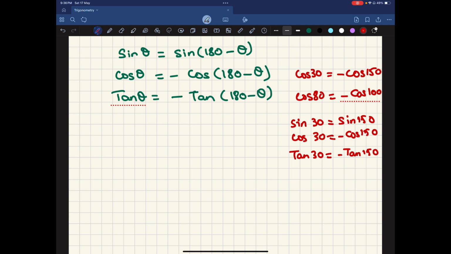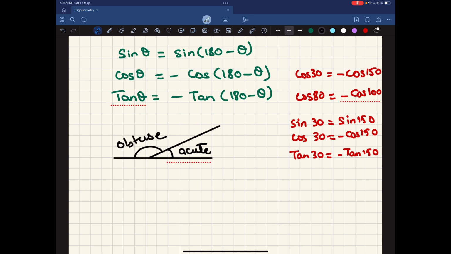Okay, so basically, this is a straight line, and this is the acute angle, and this is the respective obtuse angle.